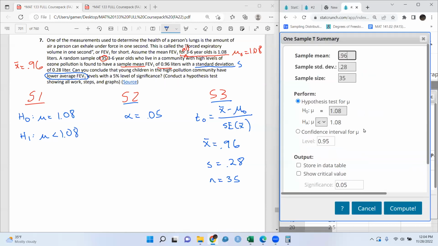Yes, you're just writing down the wrong symbol. When you read the words sample mean, sample mean is an X bar. Sample proportion is P hat. Okay, thank you. You're welcome.